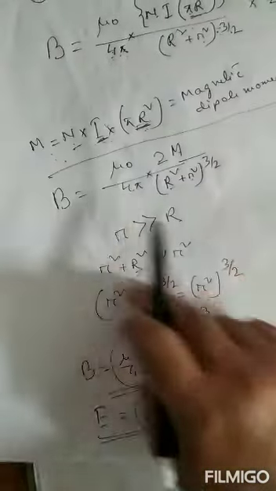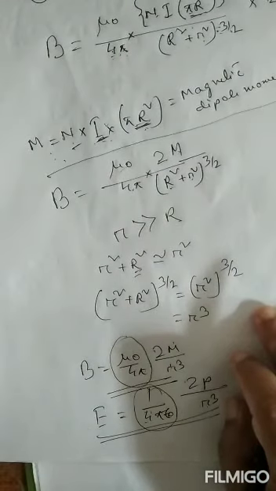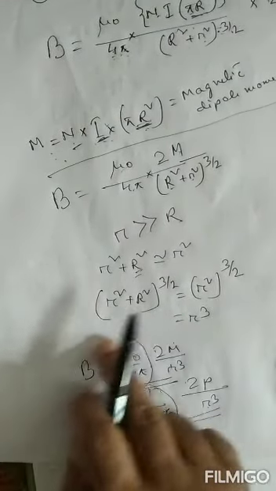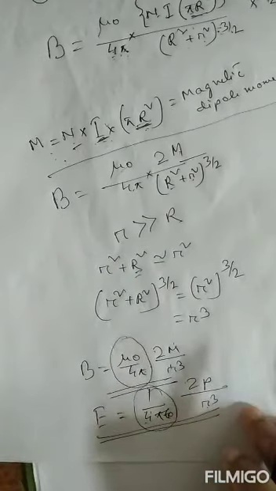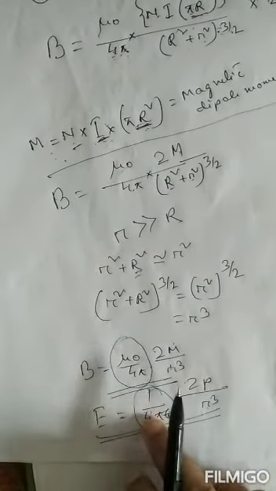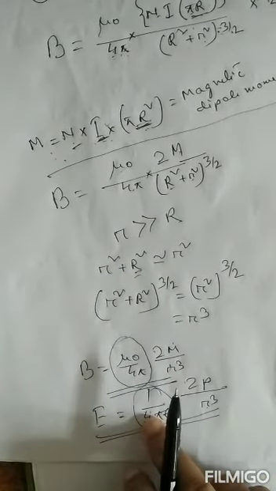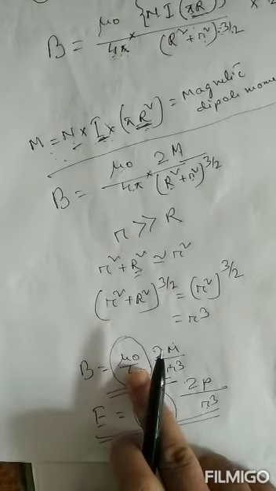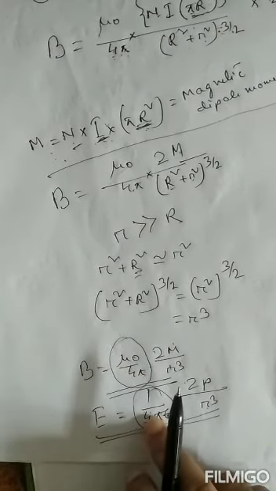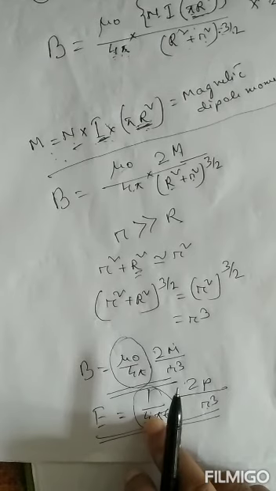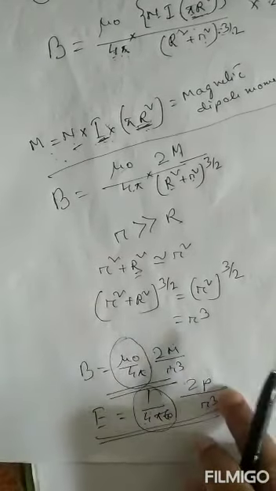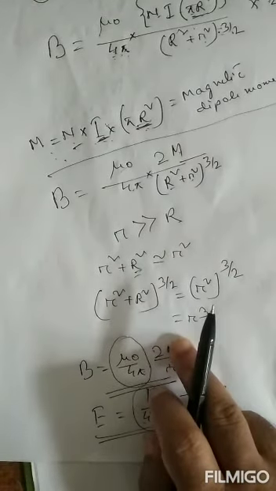Instead of doing all these rigorous calculations, we can express it like this. This expression of magnetic field intensity and this expression of electric field intensity at an axial point are identical to each other. This is for the electric dipole, this is for the magnetic dipole. Okay?